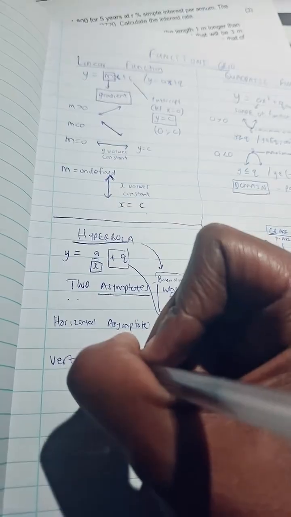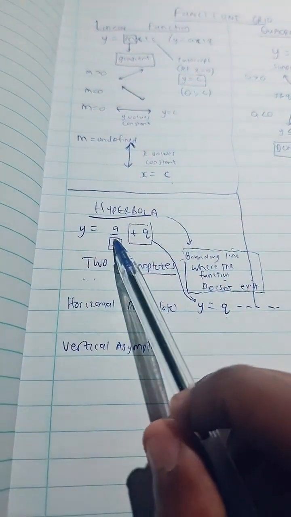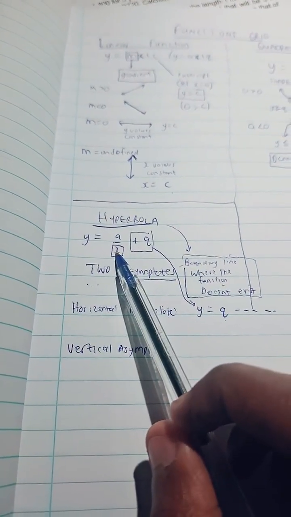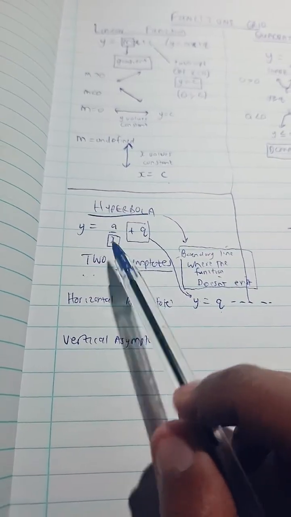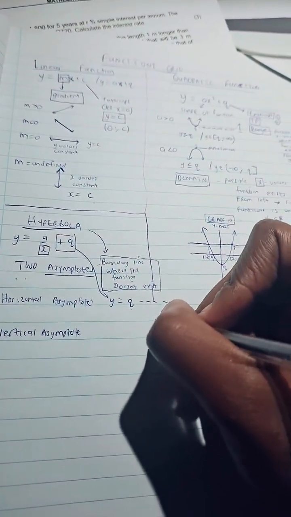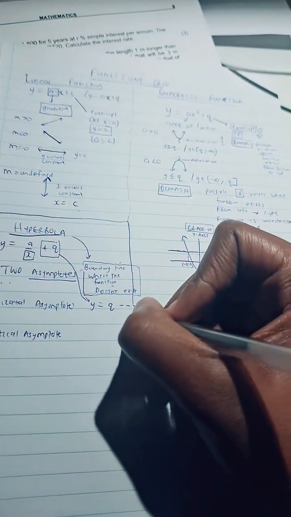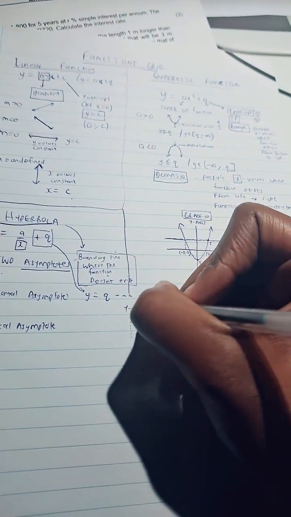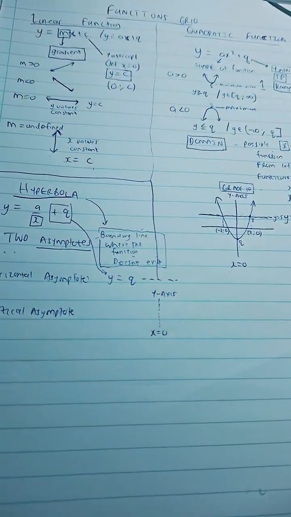In grade 10, I just asked you guys, what can x never be? You guys said x can never be 0. So that being the case, the vertical asymptote is a vertical boundary line. In grade 10, it is always the y-axis, which is given by the equation x is equal to 0.